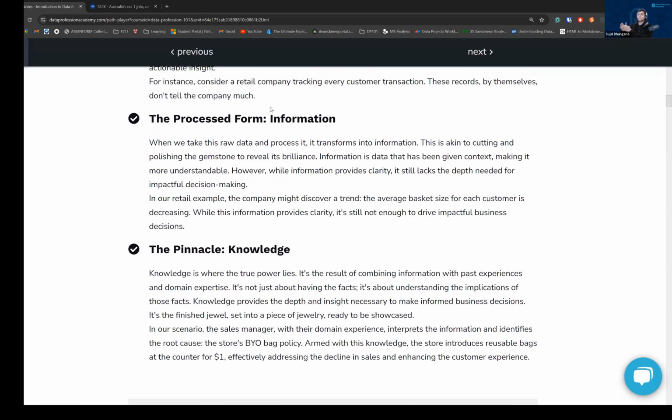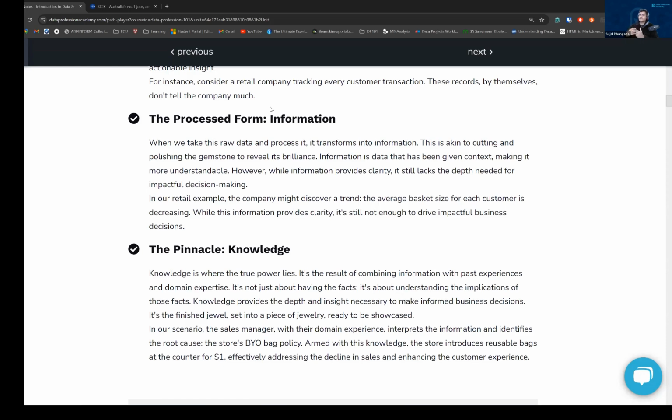And that knowledge is what we take actions upon, right? The action was taken, the store introduces reusable bags for $1, and that gives them the outcome, the value. So this is the timeline, or the progression, of the data.